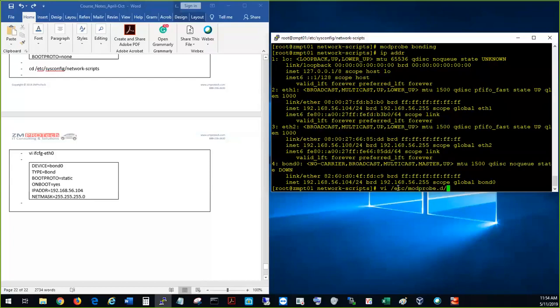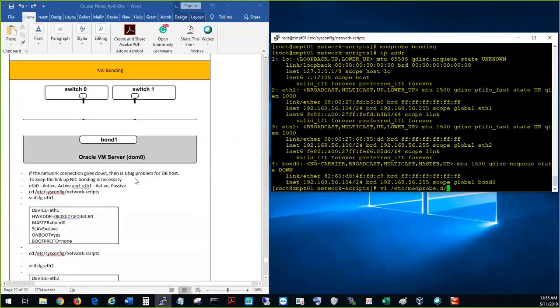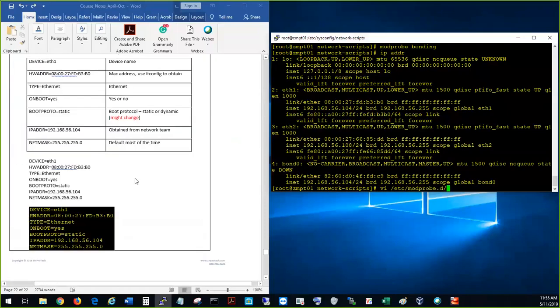Remember, anytime we go into the etc folder, that means we are changing the configuration of the system. The etc folder contains system configuration files. If you're going in there and manipulating the system files, that is what the etc folder is designed for.